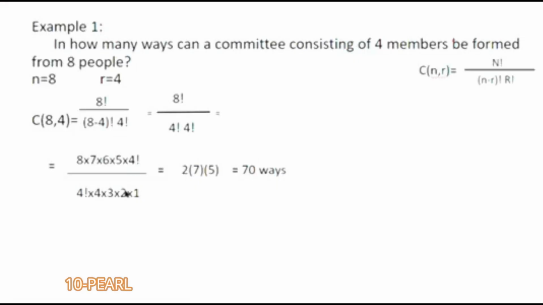For our example number 1, in how many ways can a committee consisting of 4 members be formed from 8 people? So yung pinag-uusapan dito is yung committee. So yung formula natin sa problem nito ay C(n, r) is equal to n factorial over n minus r factorial times r factorial. So yung n natin dito is 8 and yung r natin is 4.